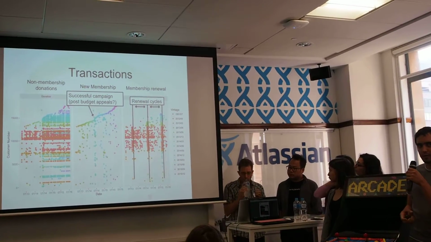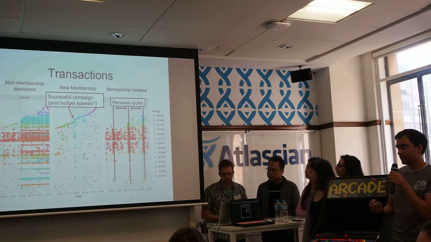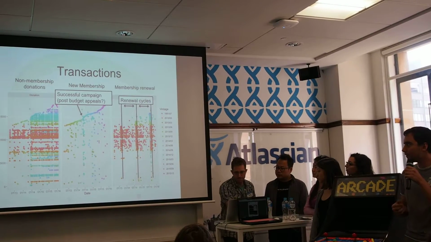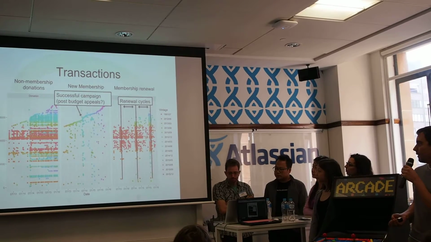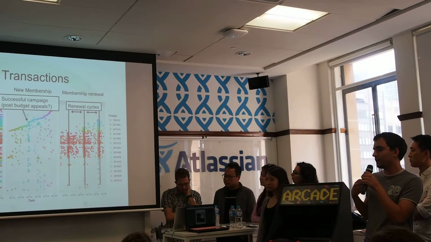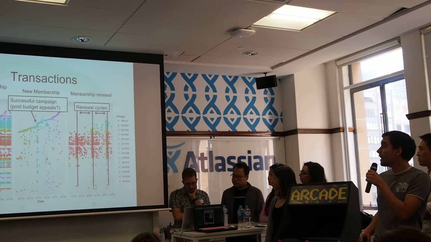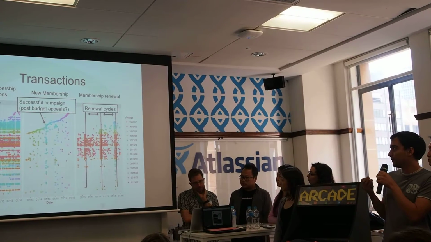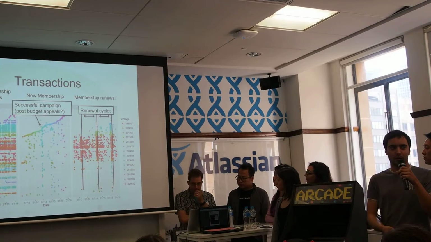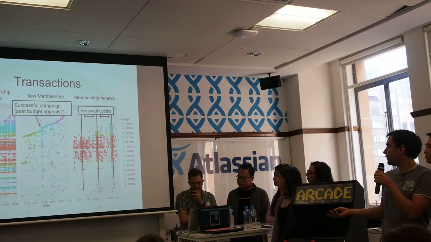The raw data set we're working with has basically just payments from individuals or organizations, with a level of categorization that includes a breakdown into donation-type payments and membership payments. We extended that to classify memberships as a join, the first membership payment the customer makes, versus a renewal.